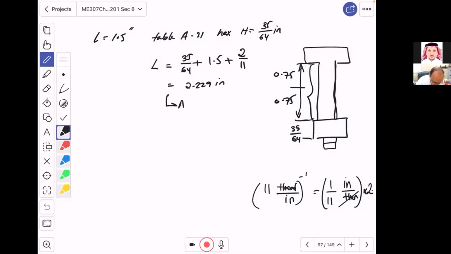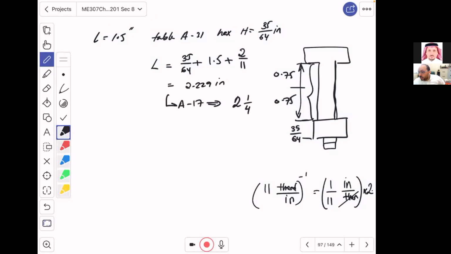Then if you go to table A17 and get the standard next length, it will be 2 and 1/4, which is what we have been given in the problem. This is just to show you how the book is showing the calculation.